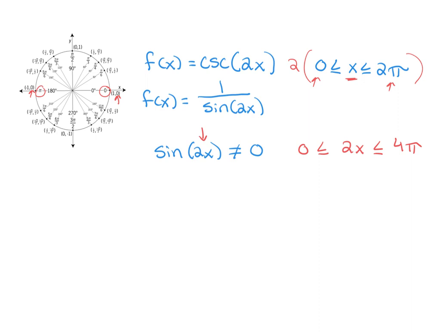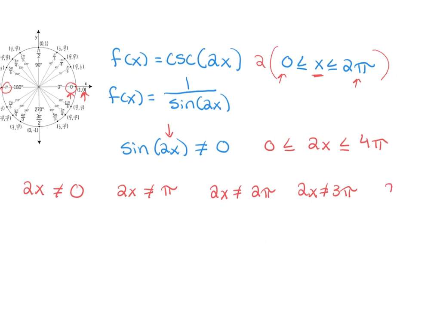So this 2x inside cannot be equal to 0 because at 0, sine is 0. And this 2x cannot be equal to pi. 2x cannot be equal to 2 pi. 2x cannot be equal to 3 pi. And 2x cannot be equal to 4 pi.